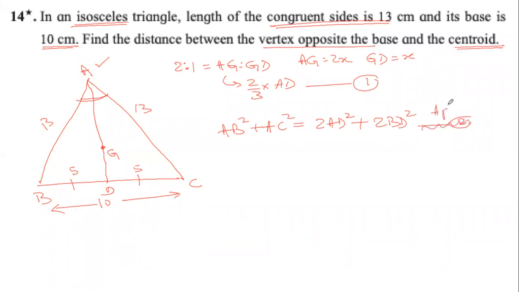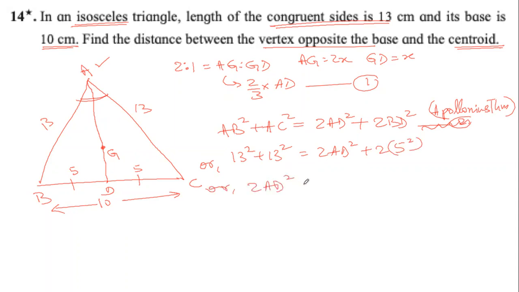So this is from Apollonius theorem. I'm so glad that someone remembers that we have solved this already. Now AB square plus AC square is 13 square plus 13 square, equals 2AD square plus 2 into BD square. Now when we simplify, 2AD square will be equal to 13 square is 169, 13 square is 169.